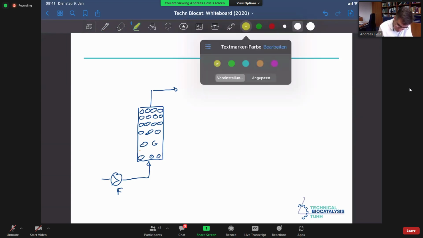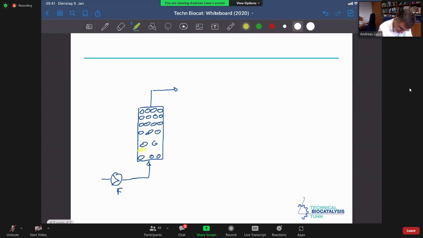The room between these particles, that's the liquid volume passing through the reactor, and maybe still in the pores of the particles. This is the reaction volume.